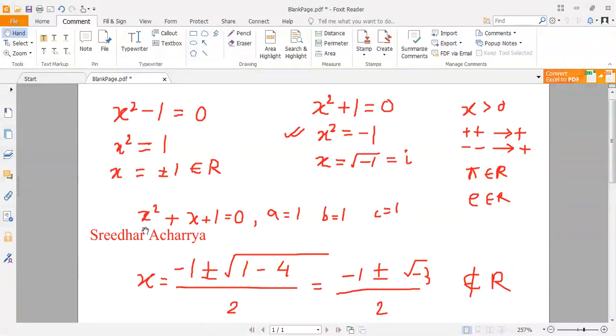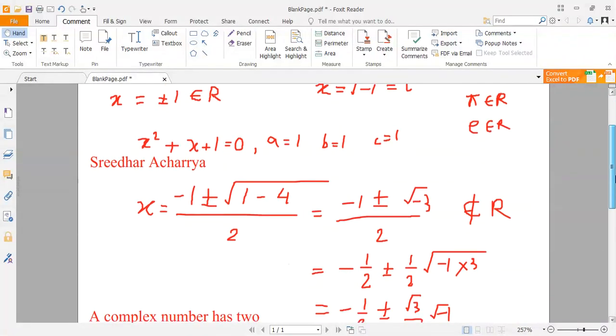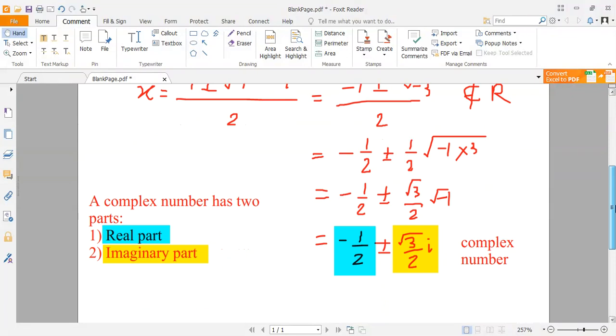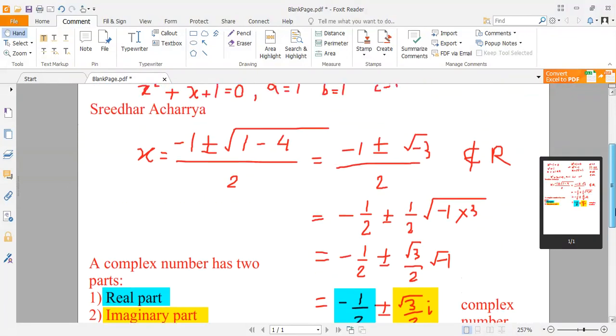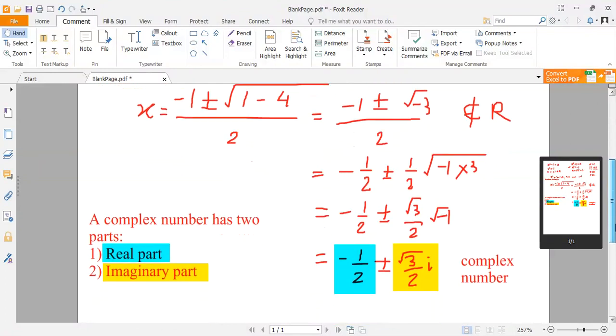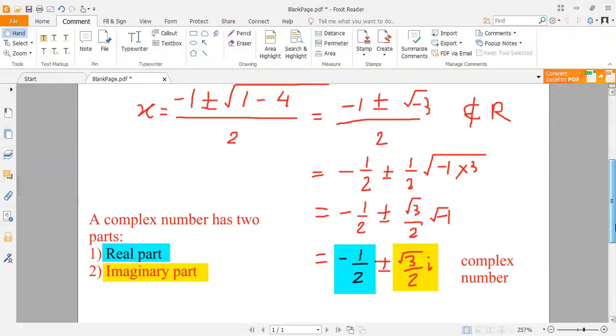Neither would we have been able to solve x square plus x plus 1 equal to 0, because the solution to this crawls into the domain of complex numbers. We wouldn't have been able to do that with the knowledge that we have up until now. When we introduce the concept of complex numbers, we can solve more quadratic or polynomial equations, and that expands our knowledge domain. And that is why essentially we need complex numbers.